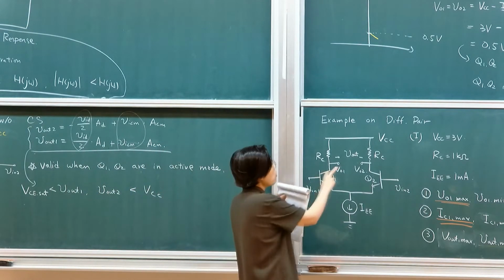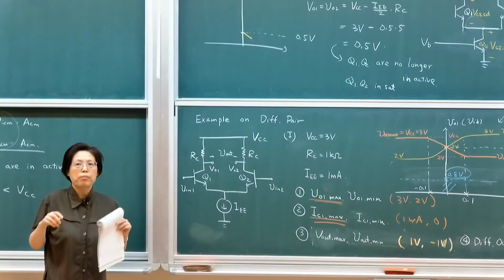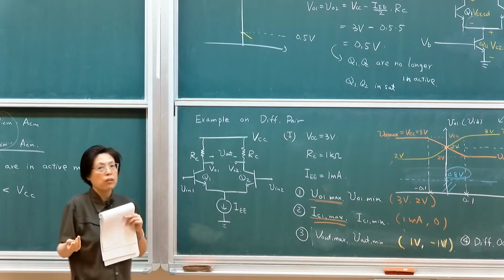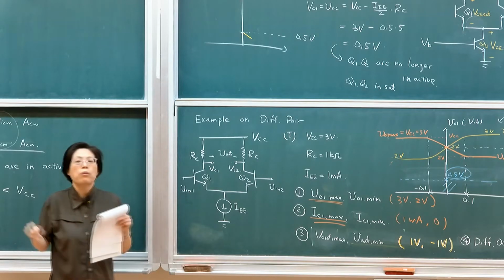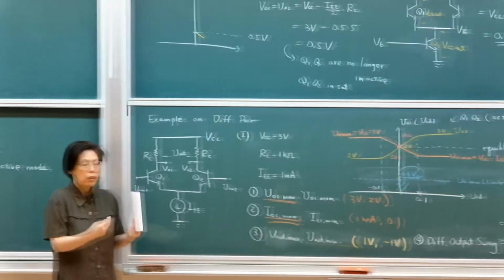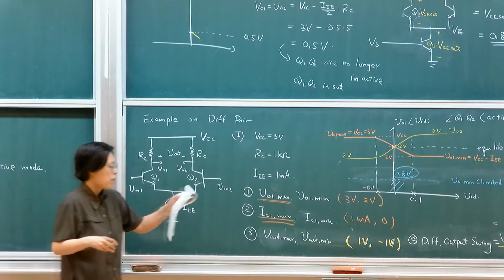Remember, we have a differential load, a current mirror load. But I discussed with Professor Huang, and we're probably not going to cover that in the finals because it will be too complicated. So I'm going to focus mostly still on resistive load. Our exams, either quizzes or finals, will be limited to resistive load.